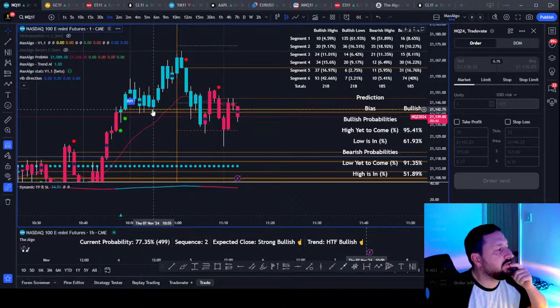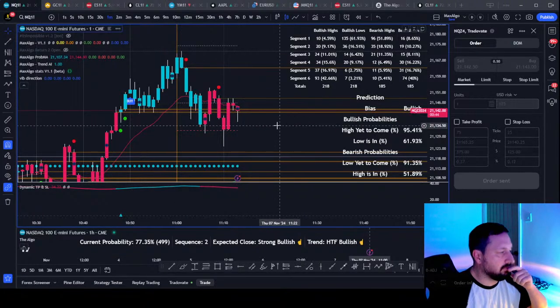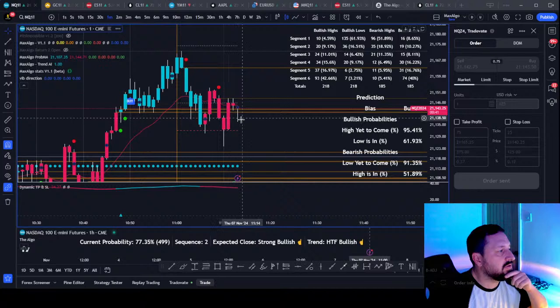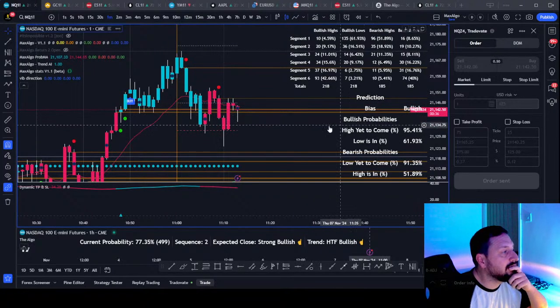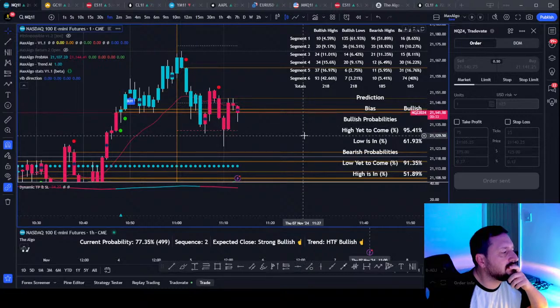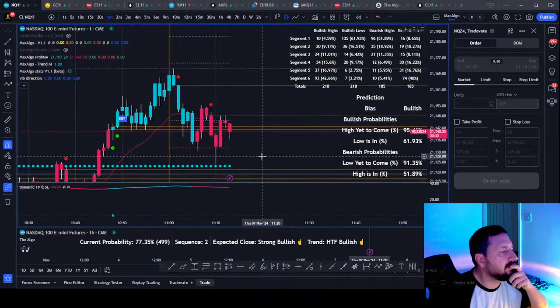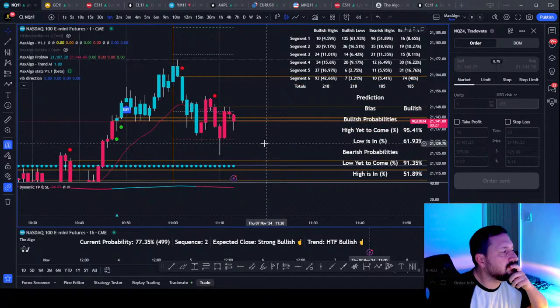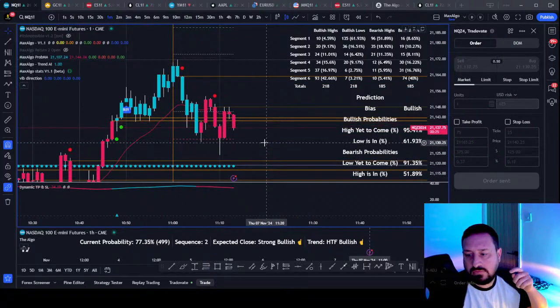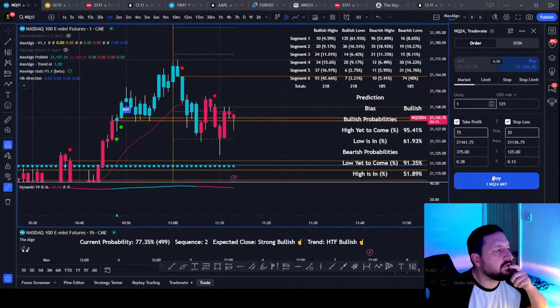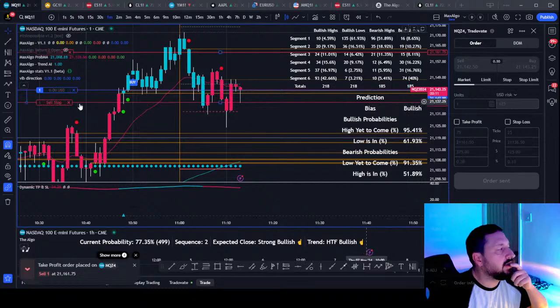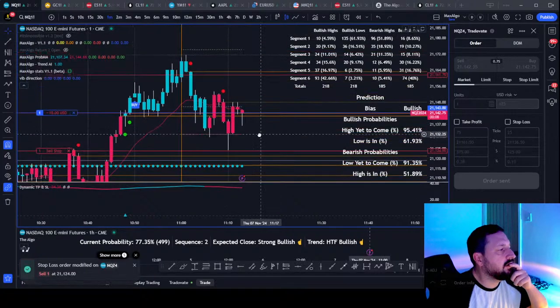Trying to play off those VIBs, see where we've held them. There's a difference on NQ. Sometimes we can do that. Same trade. 12-minute. Do that again. I'll use the low this time.